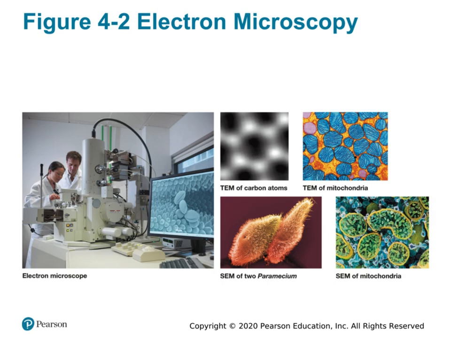Here's a better picture of the electron microscopy setup. That electron microscope is going to be hooked to a computer where those images populate. Those images are also going to be in black and white, so any colorized image from an electron microscope is just that. It's artificially colored.